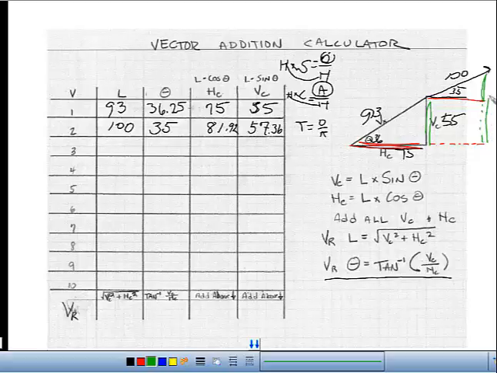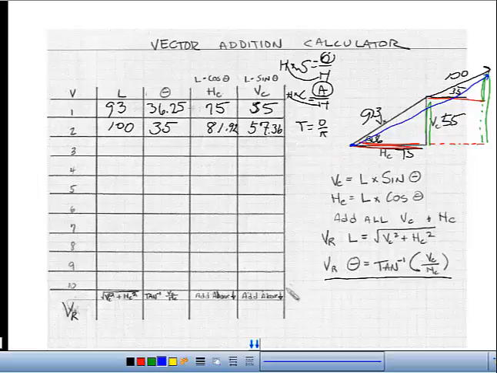You'll get a total vertical, total horizontal. Run yourself a little Pythagorean and you'll calculate out this hypotenuse. That's your resultant vector. That's the head to tail method of addition, from the tail of the first to the head of the last. That's your resultant vector, magnitude and direction.